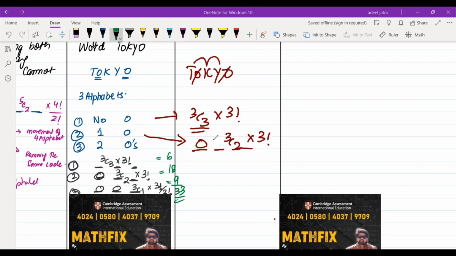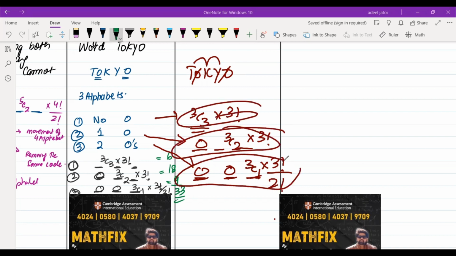And obviously, since we have only one O, we will not be dividing. In the third code, there are 2 O's. In the third alphabet, we will have 3C1 into 3 factorial upon 2 factorial for 2 O's together. So this is how we will be creating code when we have repetitive alphabets given in the word or number.